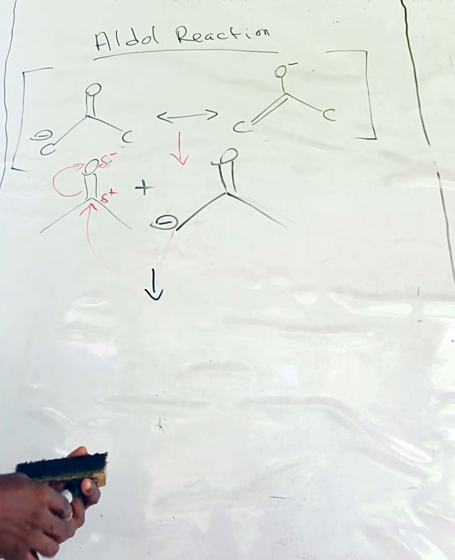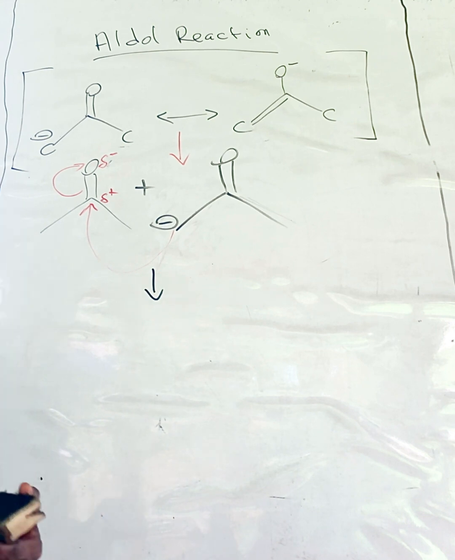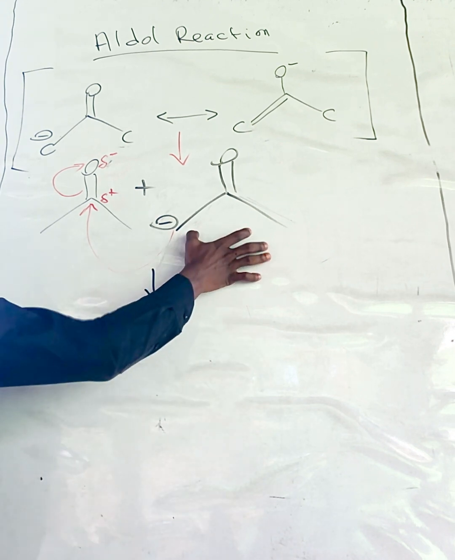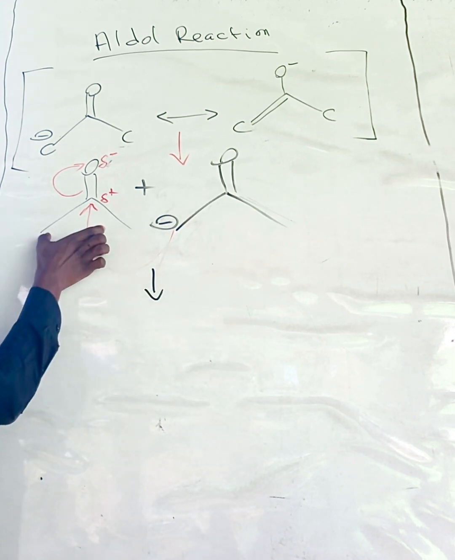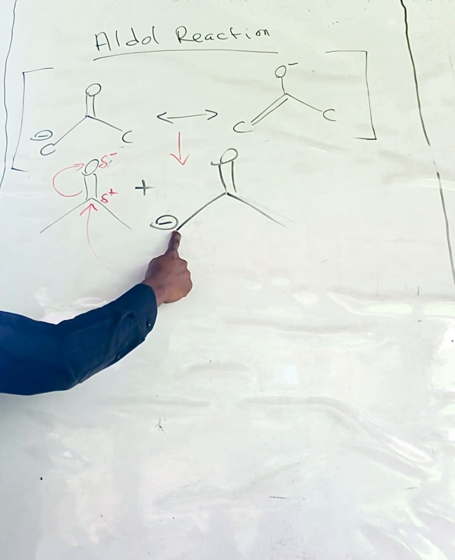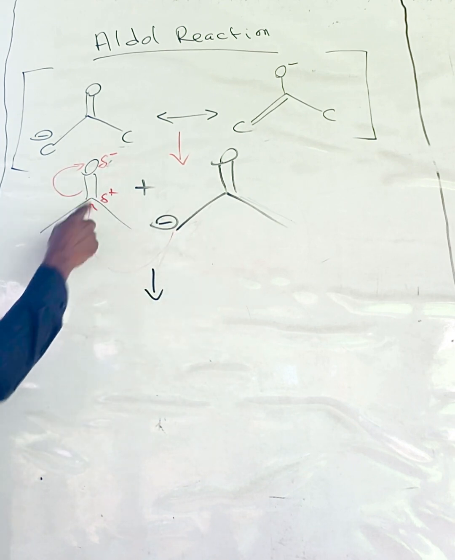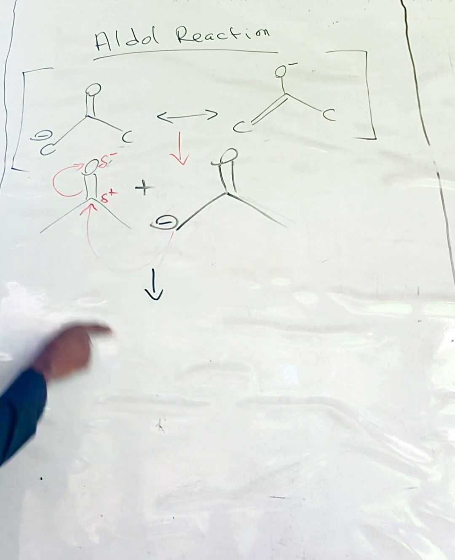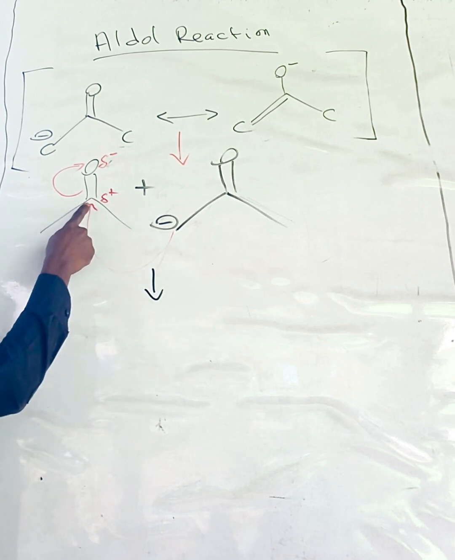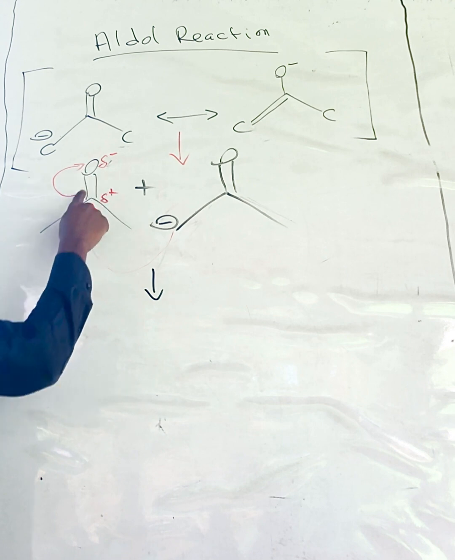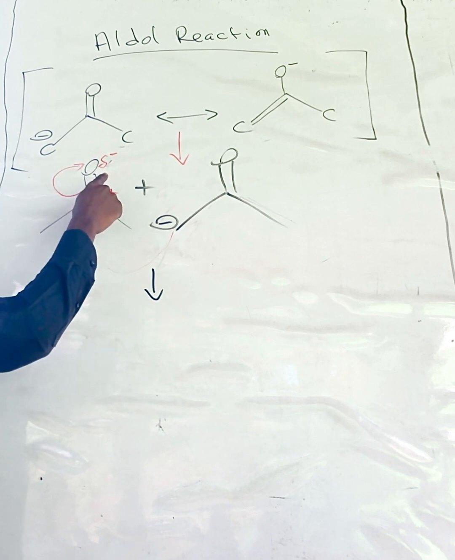Now, this is where most of us get confused. So take your time and look at what I'm going to do over here. We have our carbanion reacting with our normal ketone. The carbanion is negatively charged, and because of polarization, this carbonyl carbon is partially positive. So there was a reaction, and to prevent carbon from having four bonds, the bond got broken onto the oxygen, right?